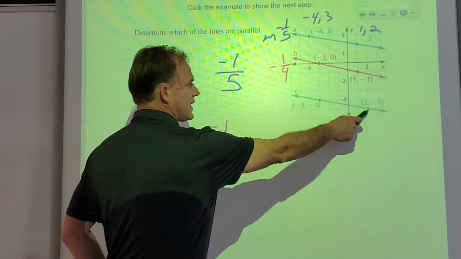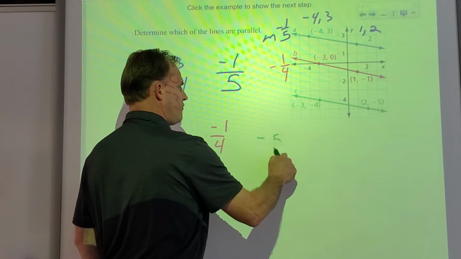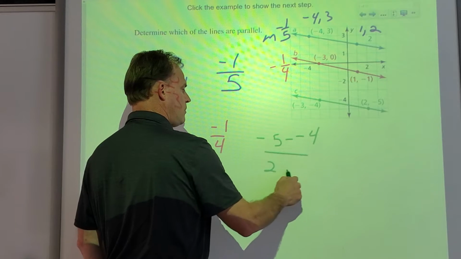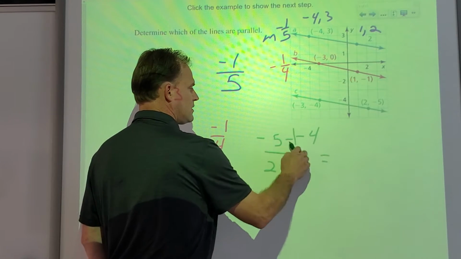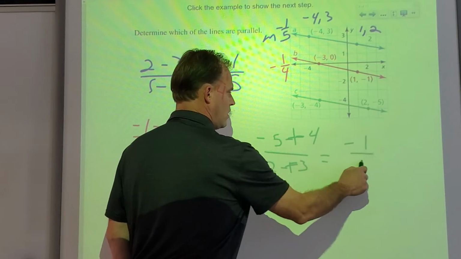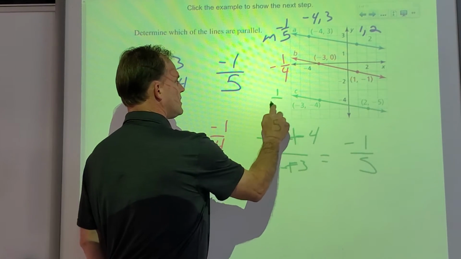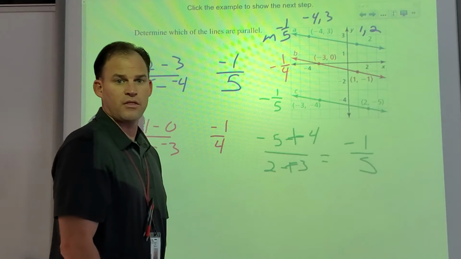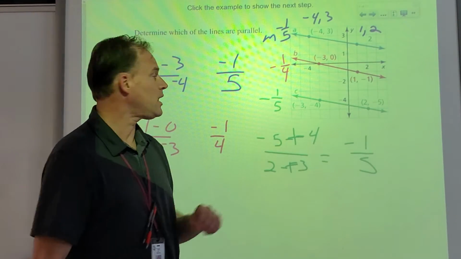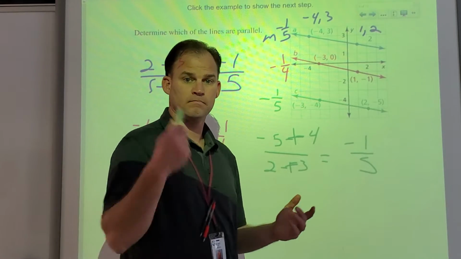So, second one minus the first one. -5 minus -4. Second one minus the first one. 2 minus -3. This is plus, comes out to -1. This is plus, comes out to 5. So this is -1/5. So A and C are parallel, B is not.